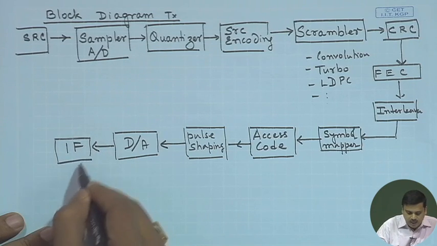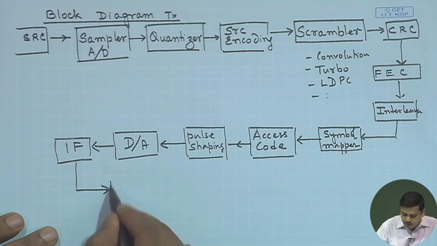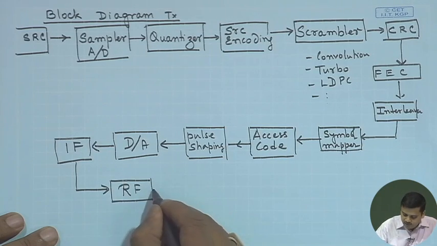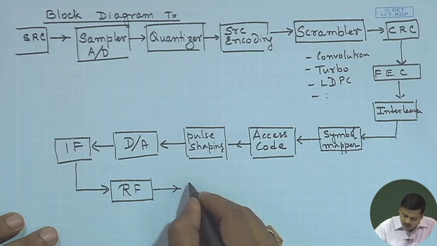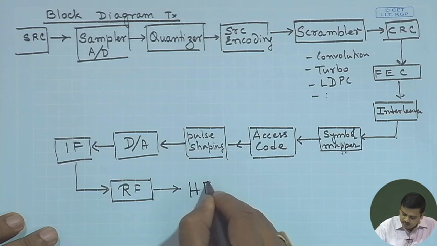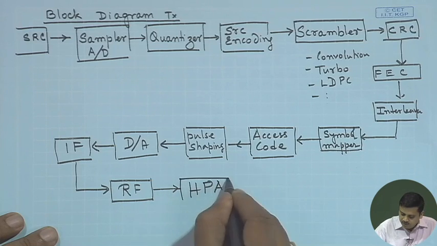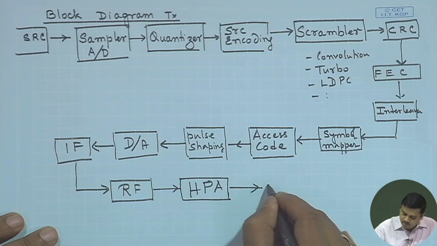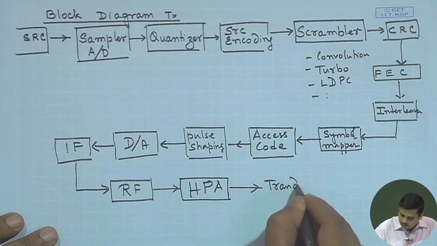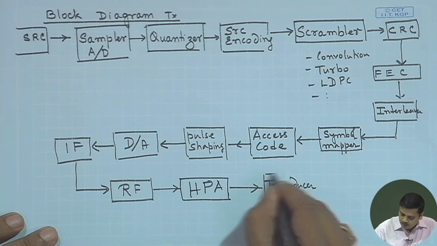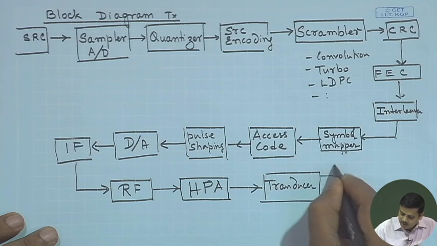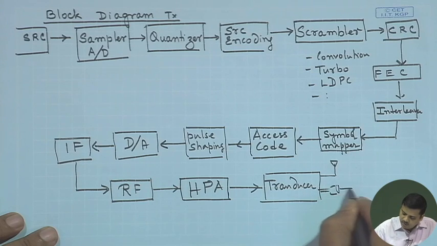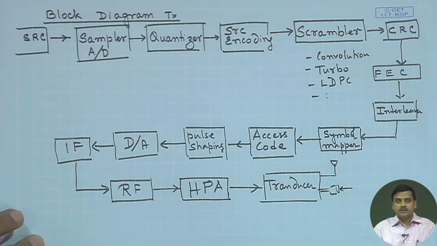It begins with the IF section, up conversion, then there will be the RF, the radio frequency section, where you go to the particular carrier frequency, and there would be the high power amplifier, which would amplify the signal to the desired level, so that it meets the link budget, and then there would be the transducer. One of the common examples of the transducer could be the antenna or the kind of coupler which may be used to connect to the next sequence.